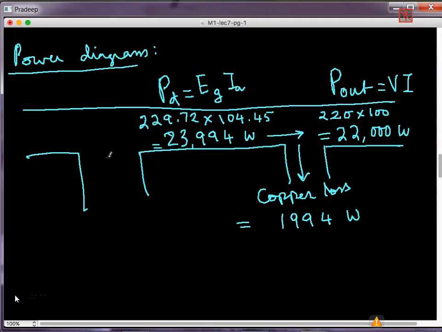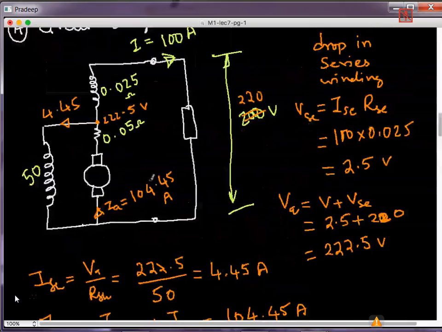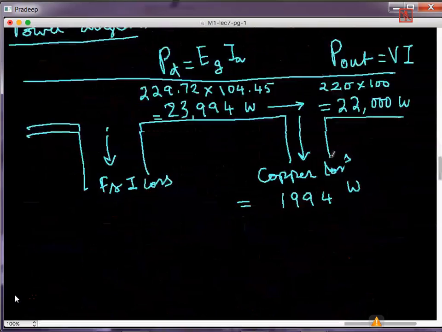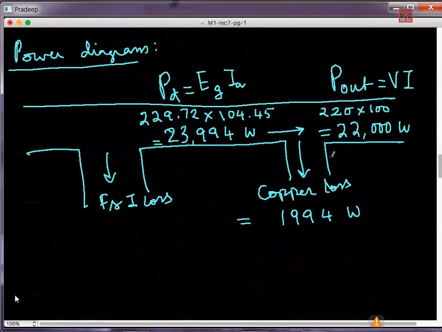Now, similarly, the iron and friction losses. This is already given in the question. So if I go and refer to the question, that value already given is 1 kilowatt. So I go back and then I'll write here 1 kilowatt.